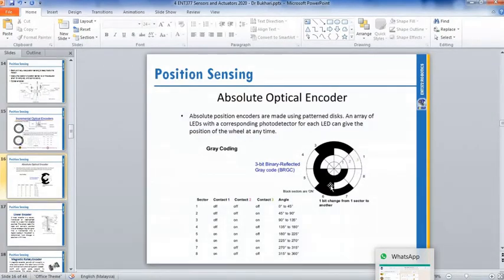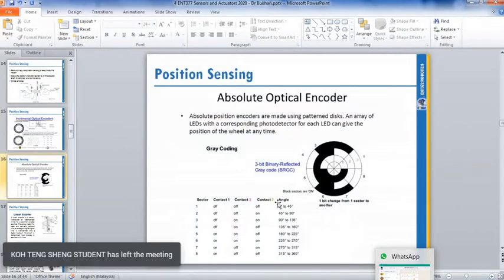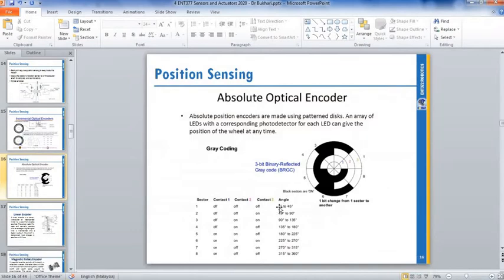If you buy an expensive sensor or high resolution, your sector here will be 0 to 1 degree, or maybe 0.2 or 0.5 degree. It's very high resolution. This is the concept of how an absolute encoder detects its position.